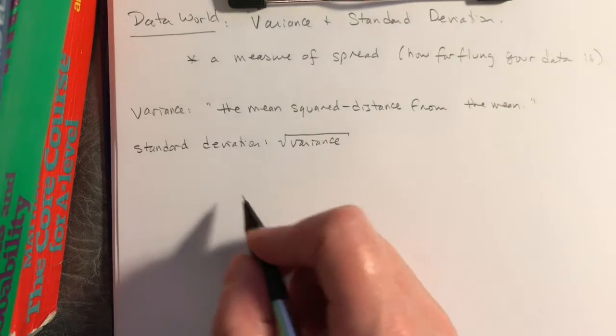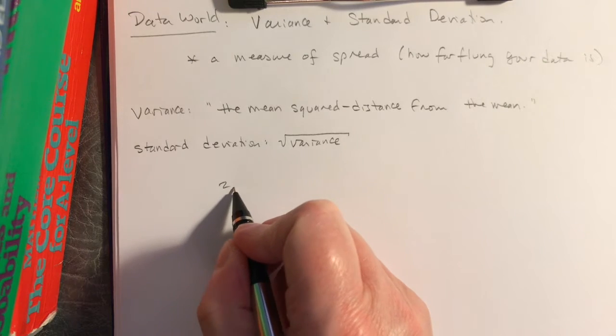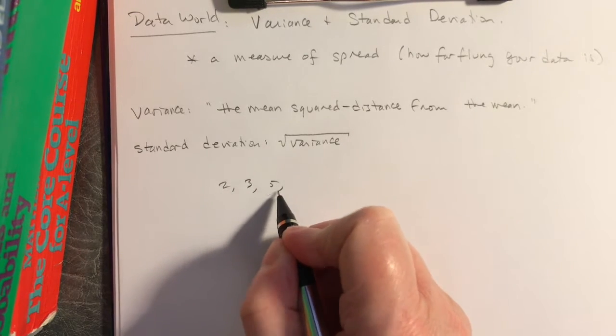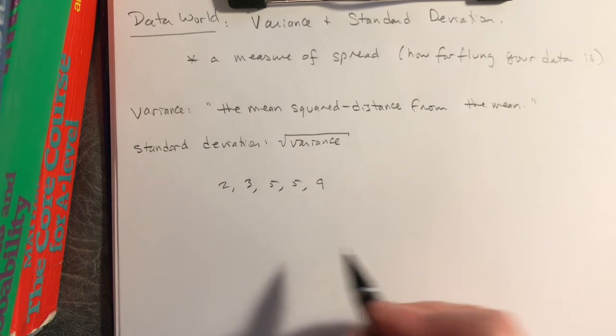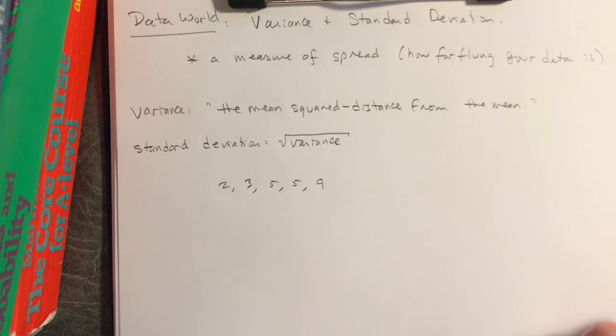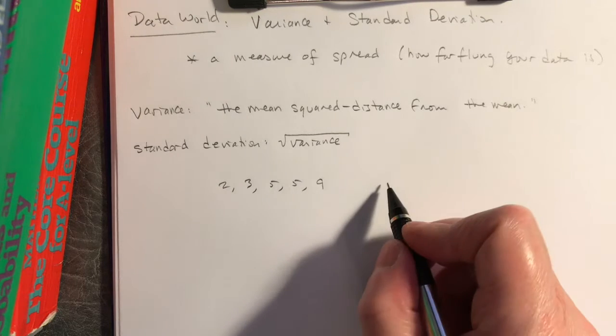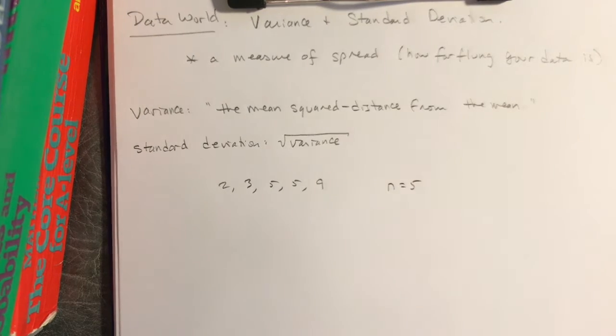Here's an example. So here's 5 data points that I just made up, and I picked 5 of them because it saves us from pages and pages of tedious arithmetic. It's enough to give the idea. Okay, so suppose you've got 5 data points, and n is how we keep track of how many we have. N equals 5.